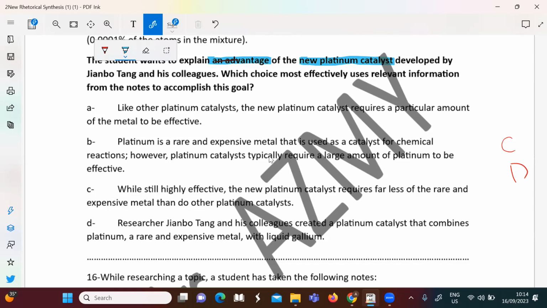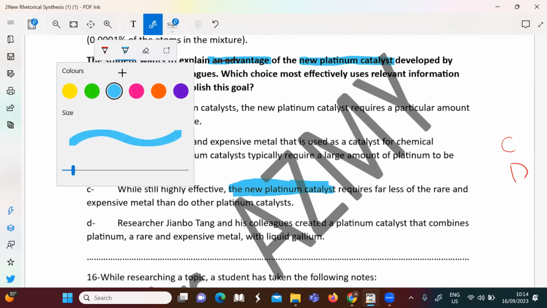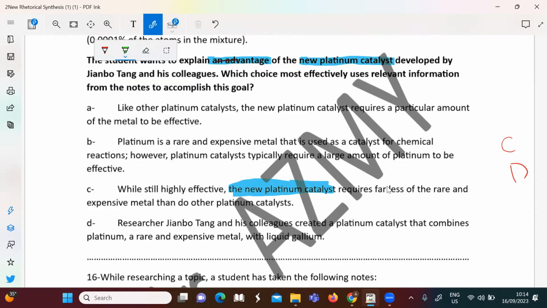The new platinum catalyst. Very good. And it requires what? Less of the rare and expensive metal.